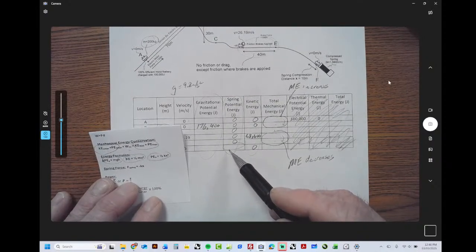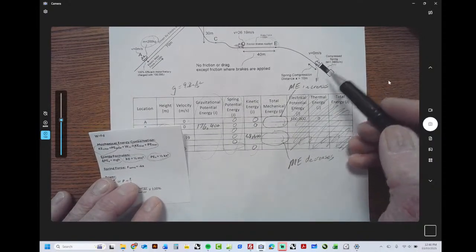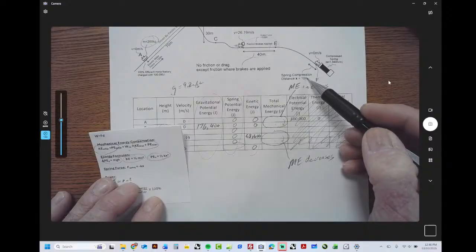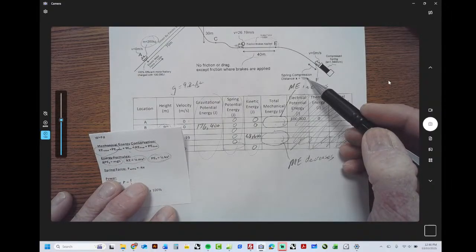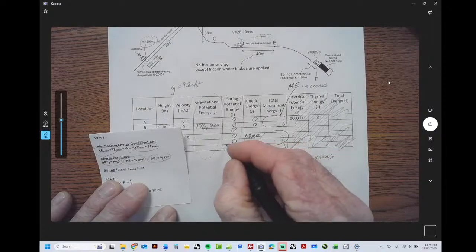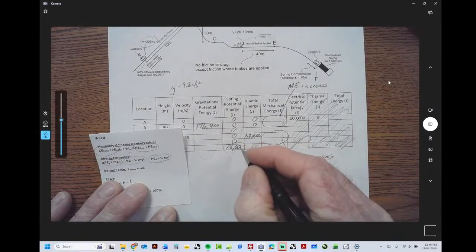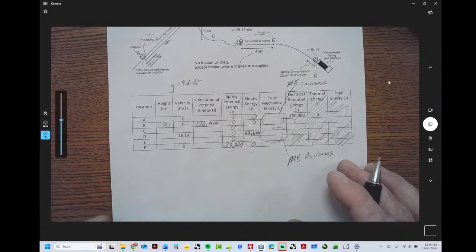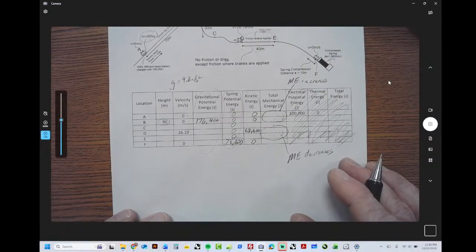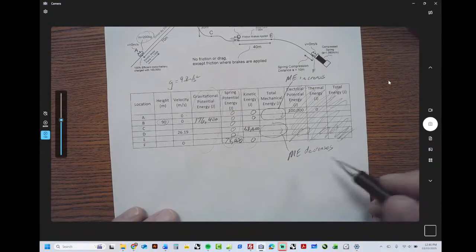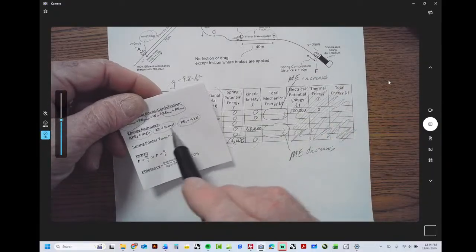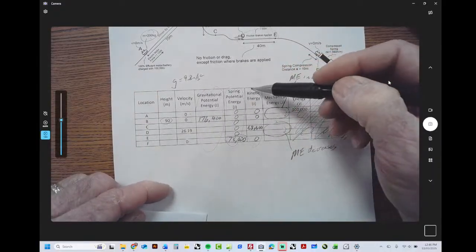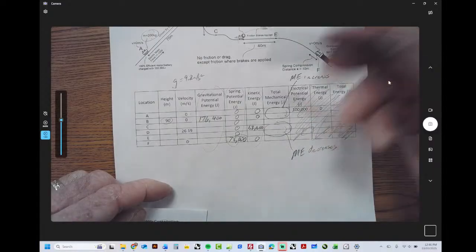It's 1/2 times k times x squared, so 10 squared, and that comes out to 78,000. And that's all the low-hanging fruit. I've used these 3 formulas to calculate everything in these columns that I could, and that's all I can do.